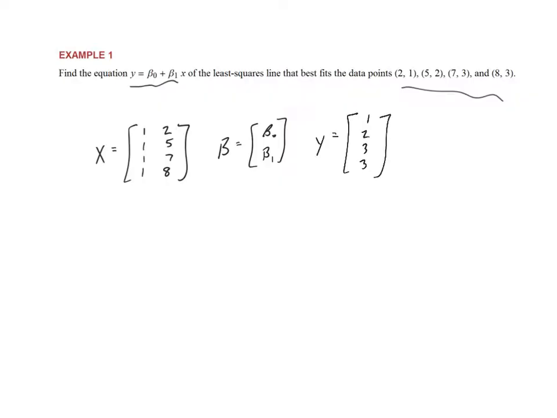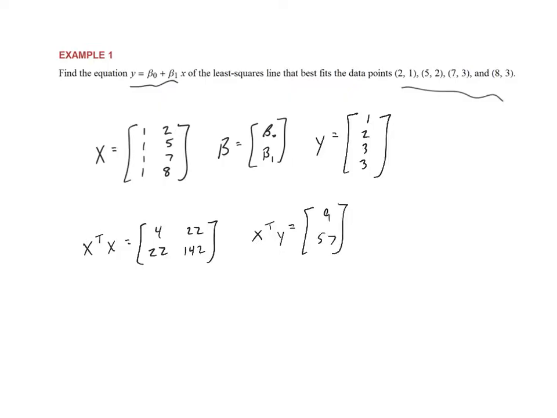Okay, so that's how we set this up, and our goal is to solve Xb equals Y with its least squares solution. Minimize the residuals. So I need to take X transpose times X, going back to what we did in the previous section. I'm going to jump right to the product: 4, 22, 22, and 142. Then X transpose times Y is 9, 57. Kind of ugly numbers.